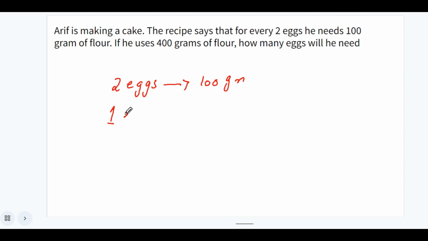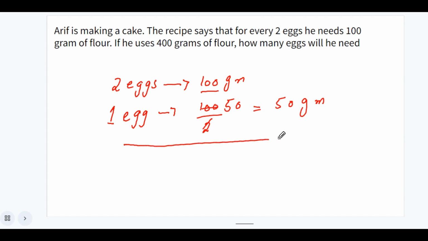Here I can find how many grams of flour 1 egg needs. 100 divided by 2, right? Because 2 eggs need 100 grams, so 1 egg will need 100 divided by 2. That means 50 grams of flour.